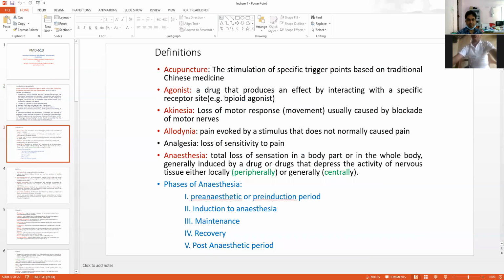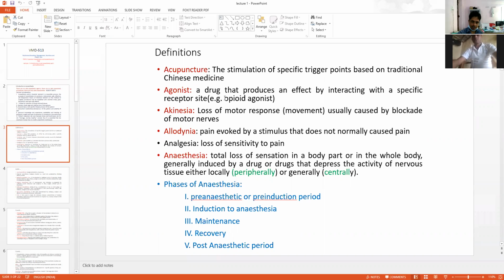Now, some definitions you already know. Acupuncture: acu means needle, puncture means needle puncture. This is a Chinese method of triggering acupoints, and by this we can have analgesia of different regions. Suppose you are interested in analgesia of the hind limb, then a particular acupoint is there.